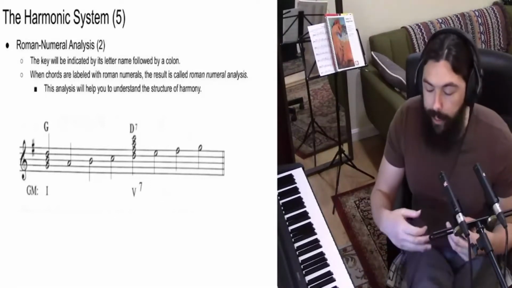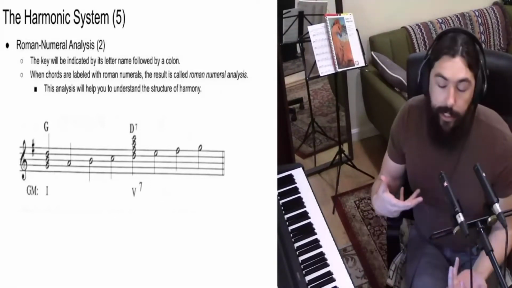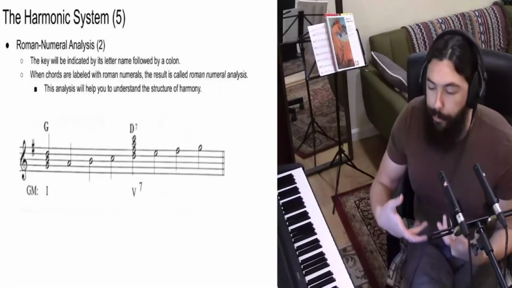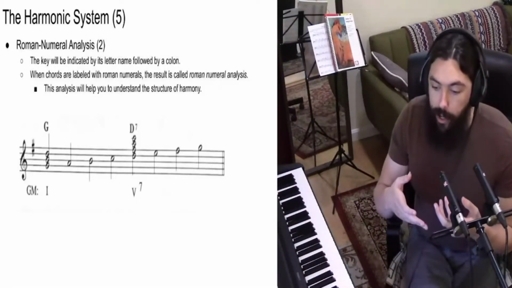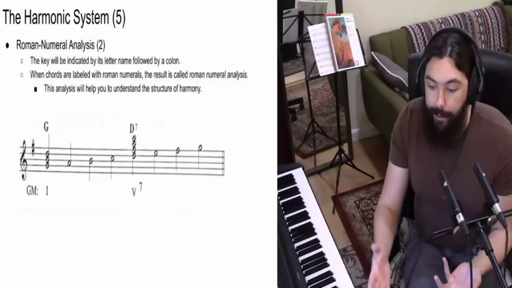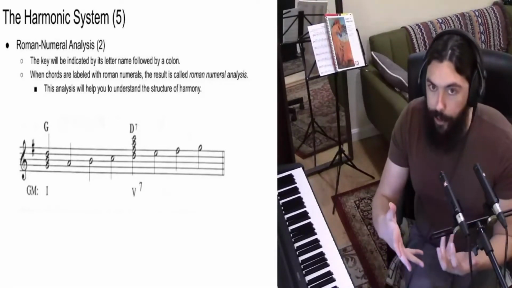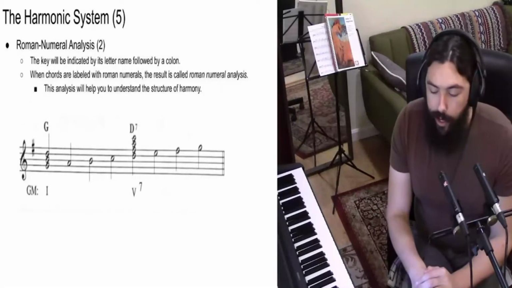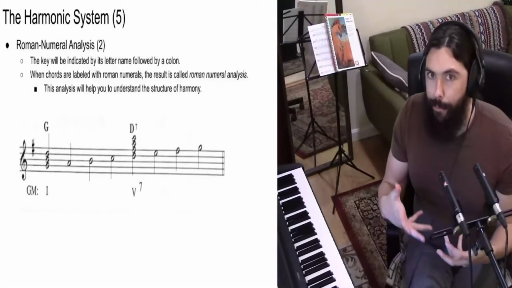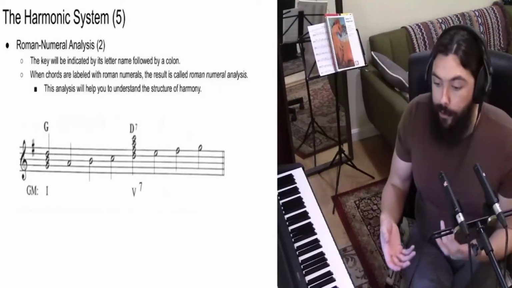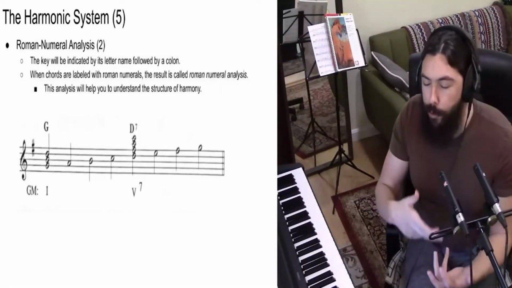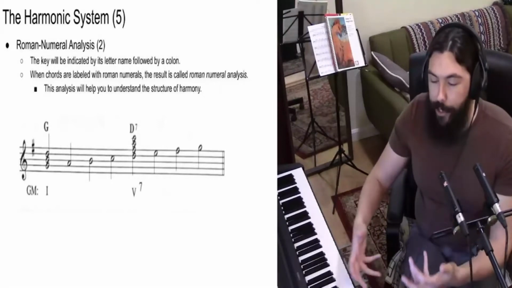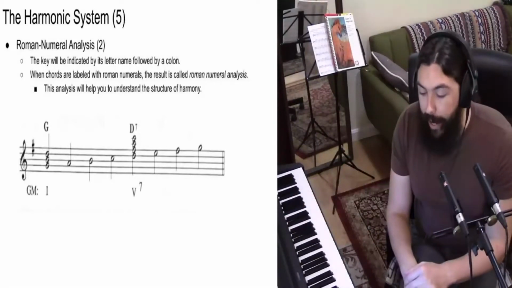So if we do a Roman numeral analysis on Down in the Valley, you do these 1s or 5-7s for those G or D7 chords. So remember in the last chapter we learned about popular music symbols. The Roman numeral analysis is a different way to analyze chords.